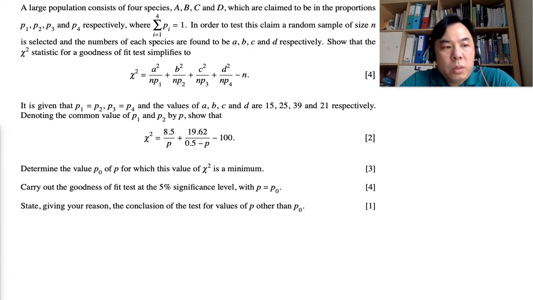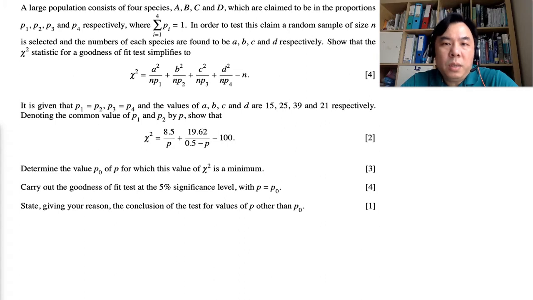The proportions here just refer to probability. In order to test this claim, a random sample of size n is selected, and the numbers of each species are found to be A, B, C, and D respectively.